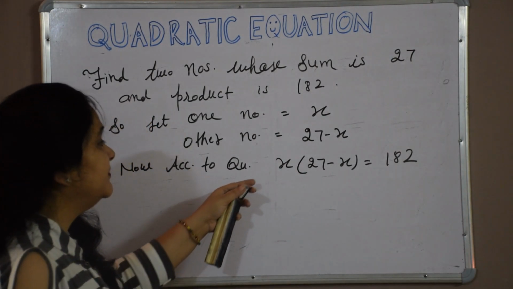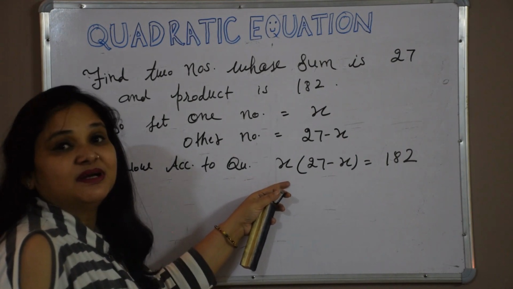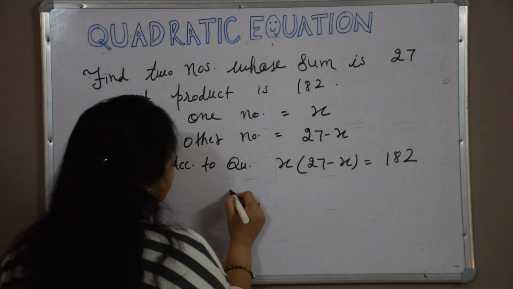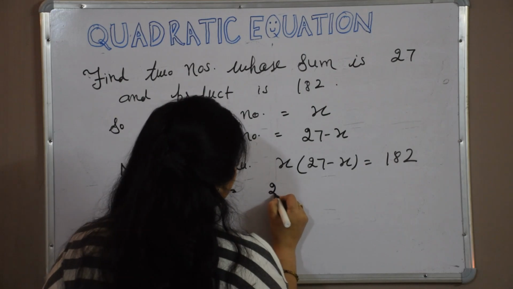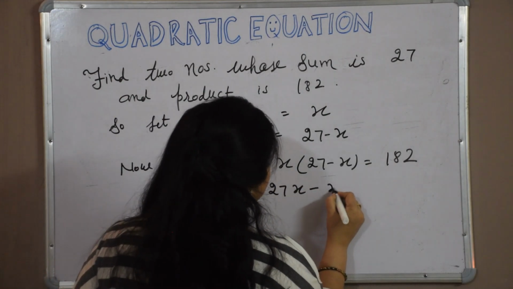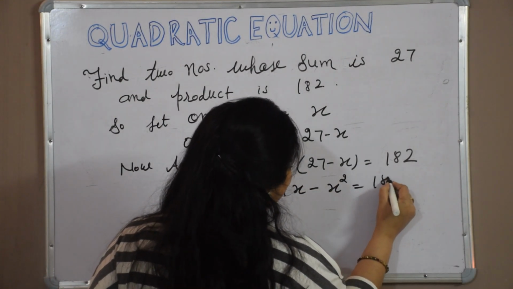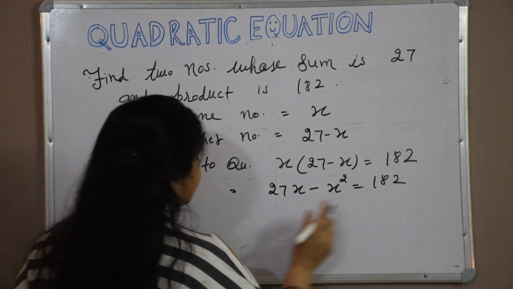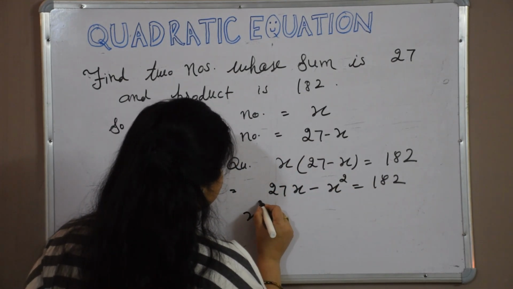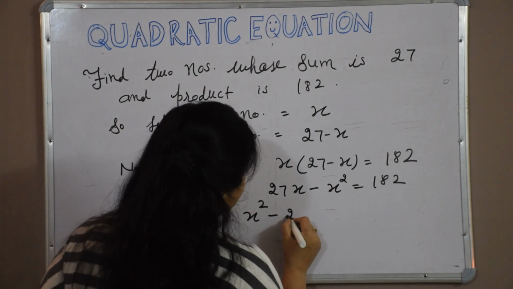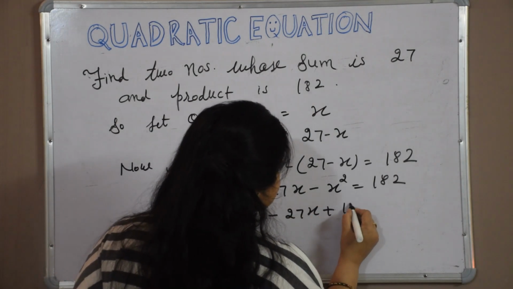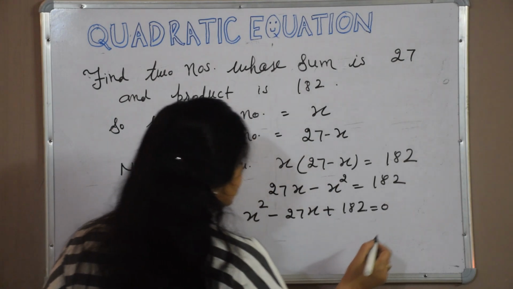This is the thing which will bring us to the quadratic equation. Now multiply: 27x minus x square is equal to 182. We will take things to the right hand side: x square minus 27x plus 182 equals 0.